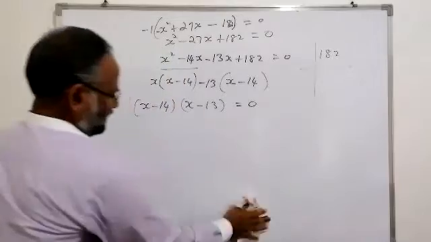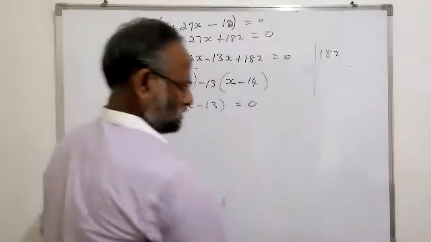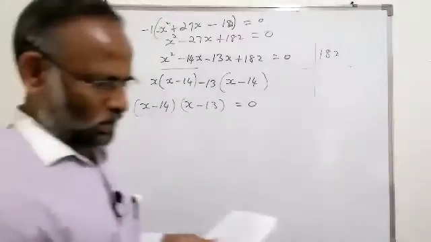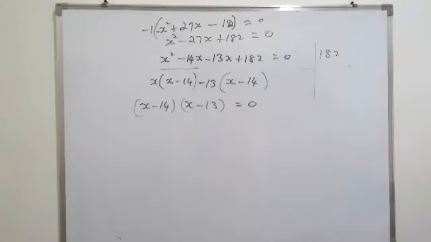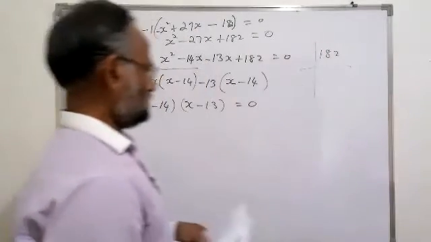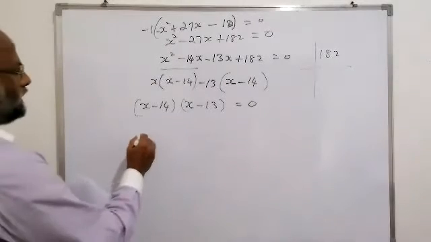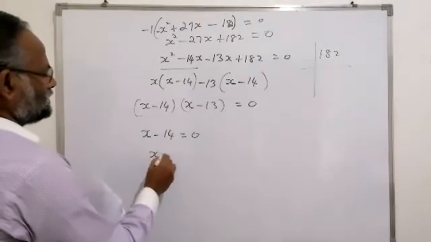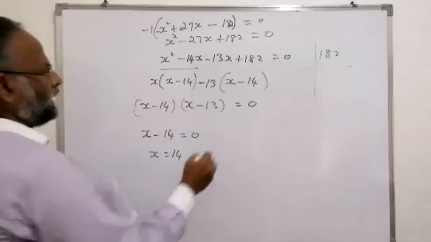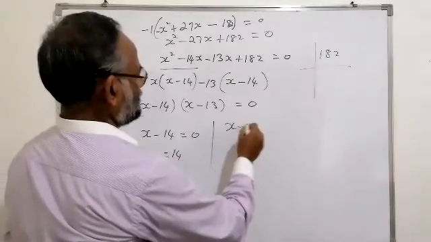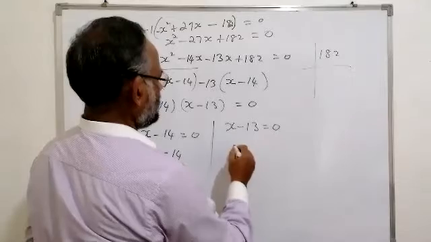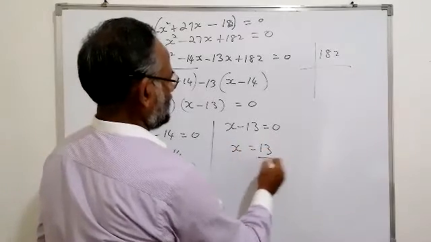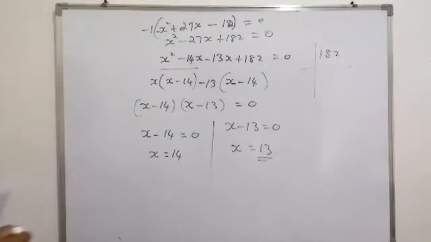Anytime we explain that. That means x minus 14 is equal to 0, x is equal to 14, and x minus 13 is equal to 0, x is equal to 13. x is equal to 14 and x is equal to 13.